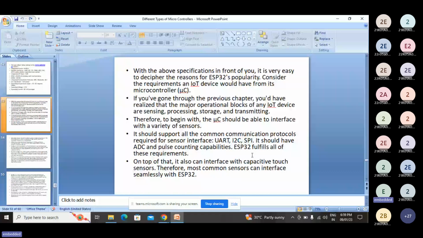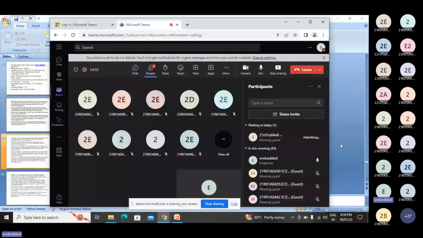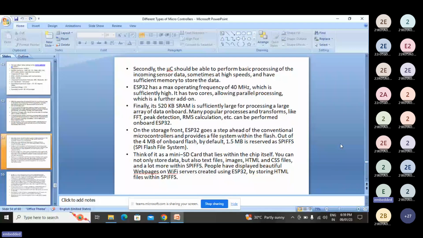Secondly, the microcontroller should be able to perform basic processing of the incoming sensor data, sometimes at high speeds, and have sufficient memory to store the data.